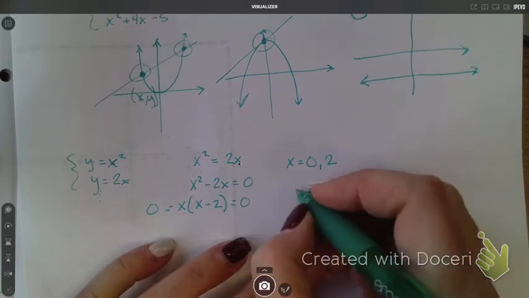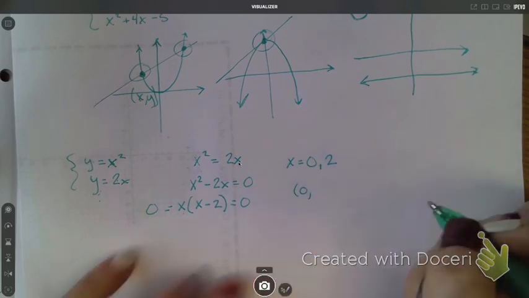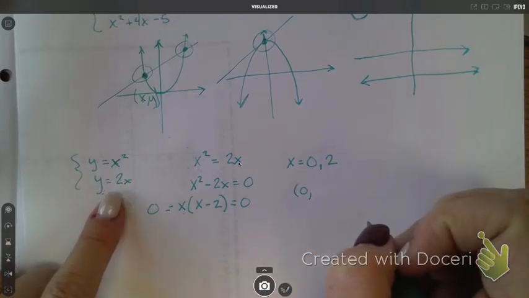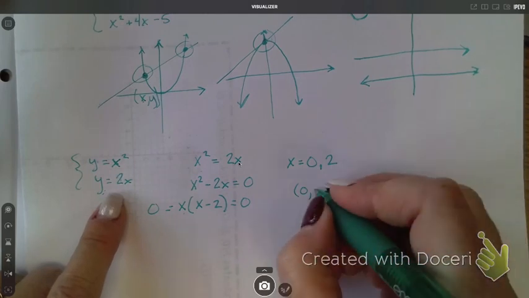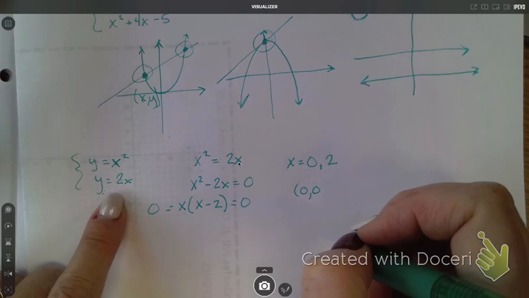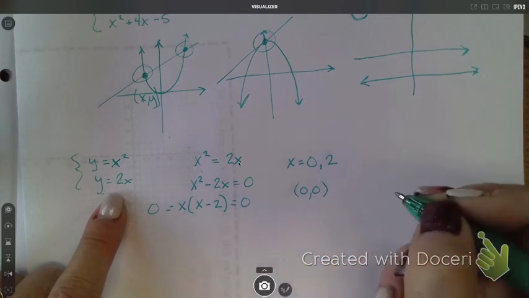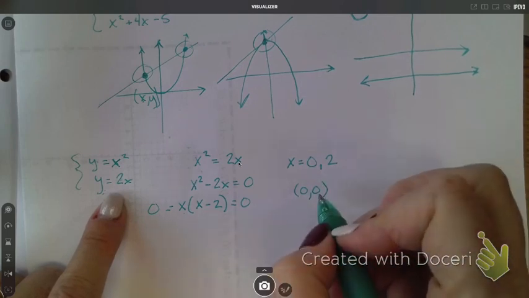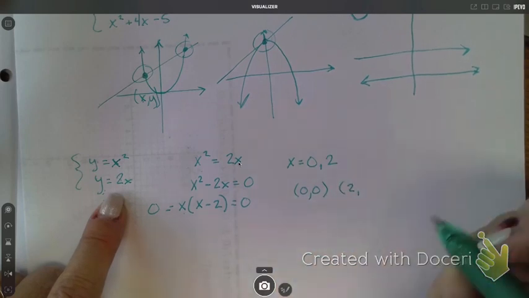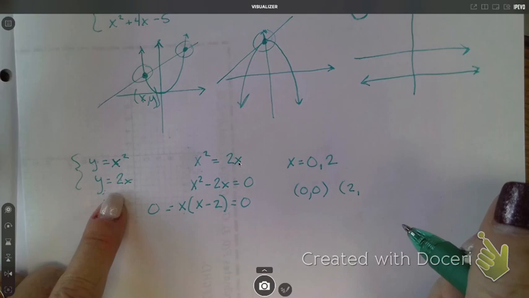If I plug in 0, I get 0. So one solution is (0, 0), and the other solution is going to be 2, and when I plug in 2, I get 4.